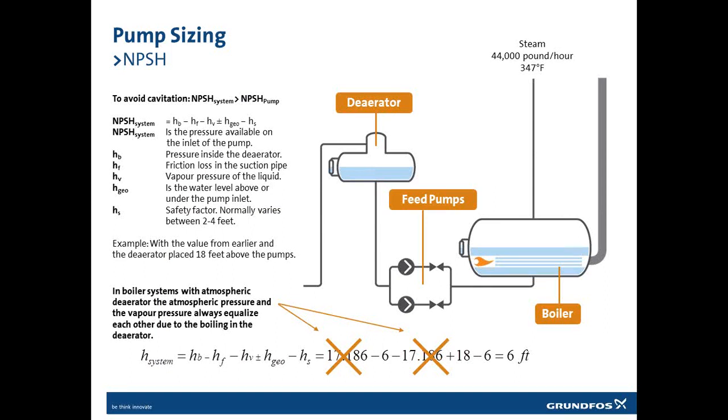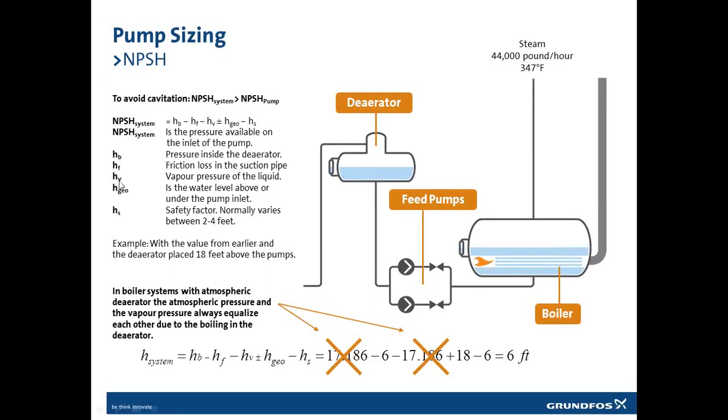To avoid cavitation, our system pressure needs to be higher than what is required by the pump. And when we are talking the NPSH of the system, we have the pressure available on the inlet of the pipe. That is our main pressure we need to be sure that we have. And then we have HP, that is the pressure inside the deaerator. We have HF, that is friction loss in the suction pipe.